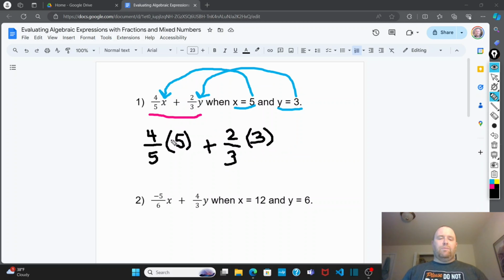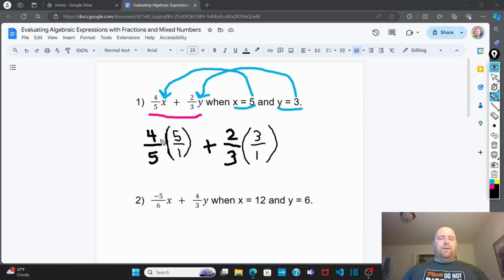Now, another way we can write this 5 here is to rewrite this as times 5/1, and multiply this one times 3/1.